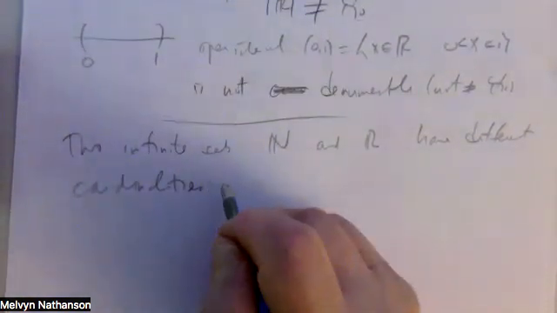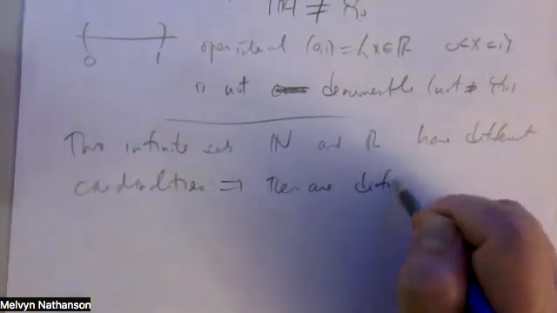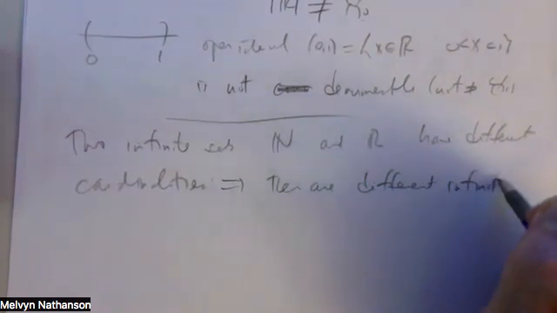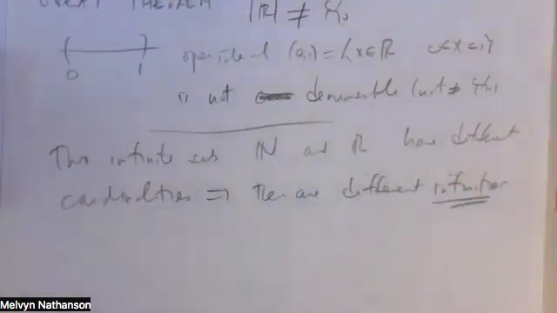So this means, in some sense, that there are different infinities. Some infinite numbers are different from other infinite numbers. This just means some sets that are infinite have more elements than some other infinite set. And this was a truly revolutionary idea.